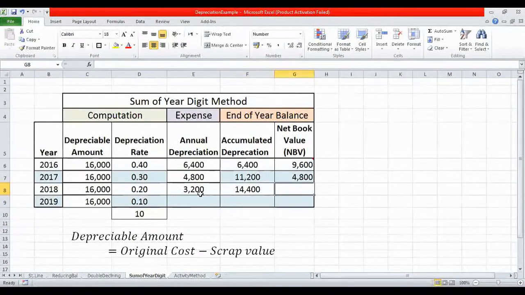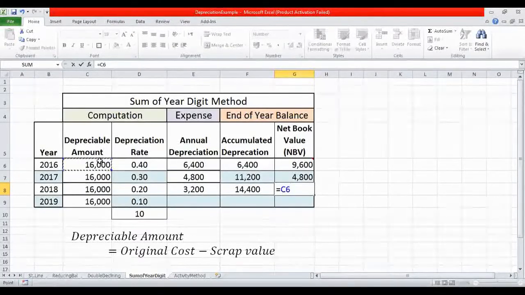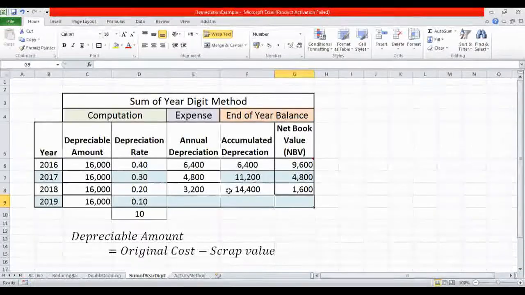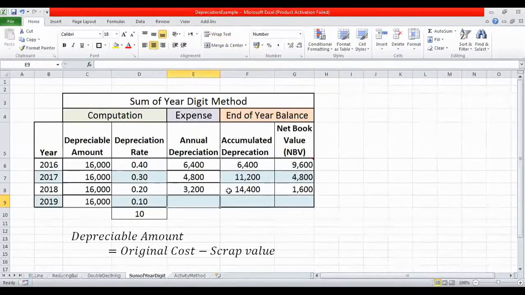In order to calculate the net book value, the net book value will be the 16,000. You can take this or you can take this, whatever you like. 16,000 minus 14,400.